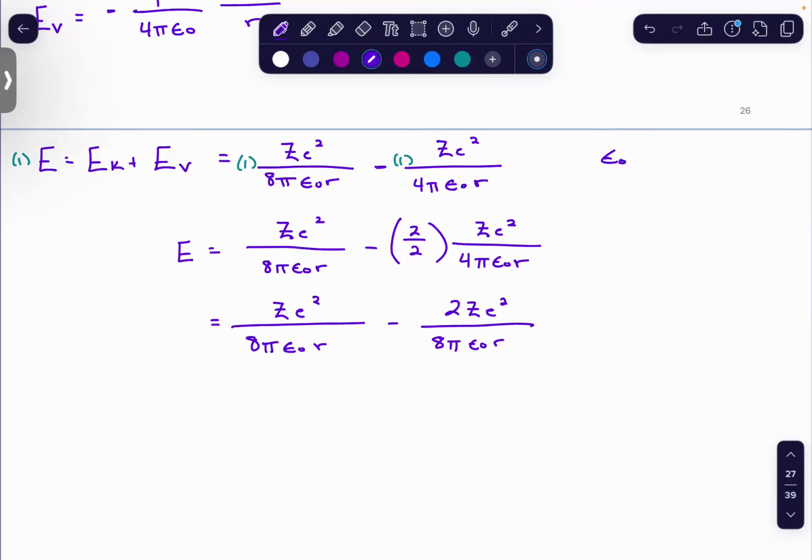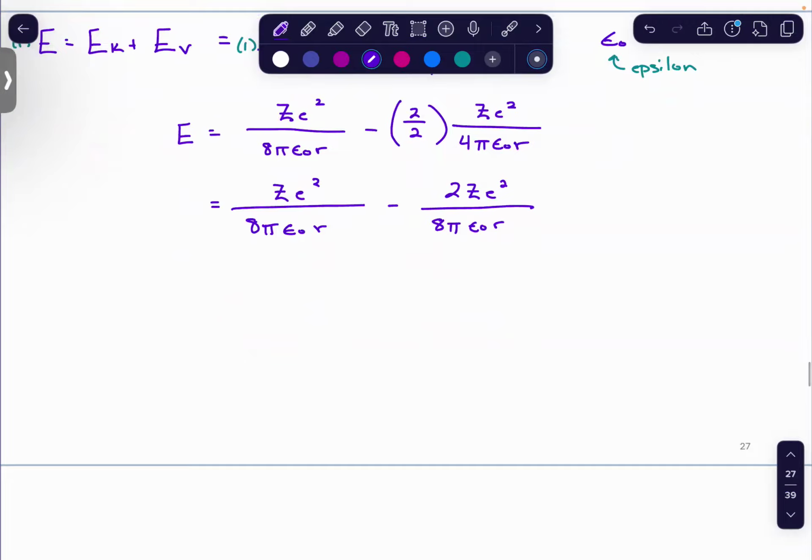So that's the permittivity of a vacuum, and that is your Greek letter epsilon. Again, it's a constant you can look up. It's essentially a Greek E. So now, when we subtract these two, the total energy of our system is going to be a negative Z e squared over 8 pi epsilon 0 r.